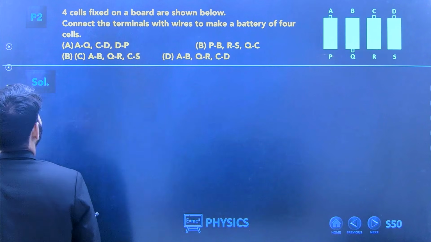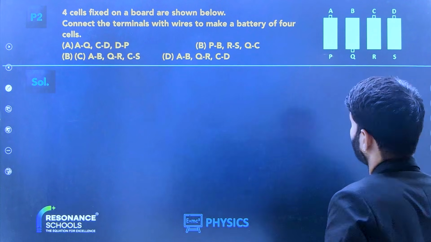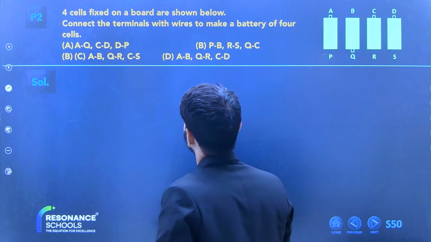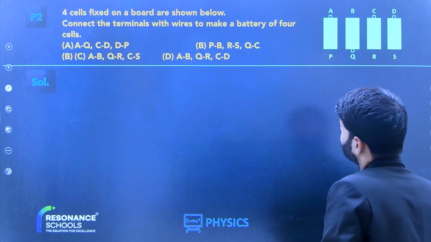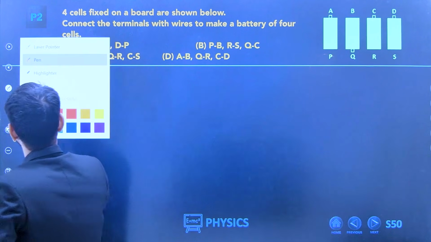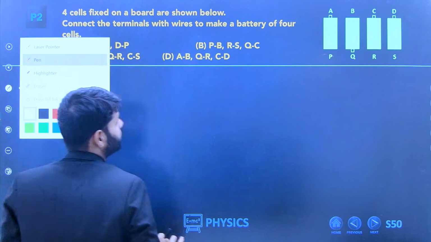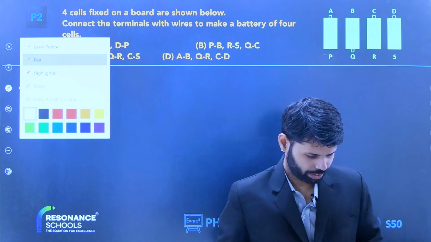So the question is, there are four cells fixed on a board. This is the board. As shown below, connect the terminals with wire to make a battery of four cells. So we have to make a battery, no? Beta, how should we connect the cells?